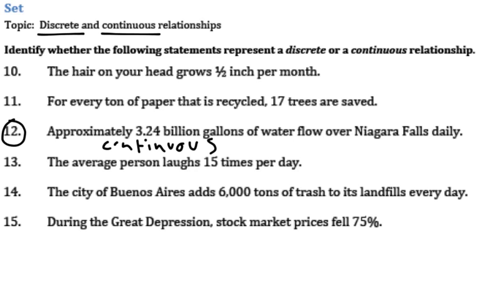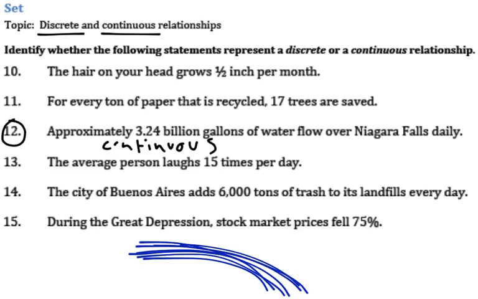Because if I'm thinking about water flowing over the Niagara Falls, okay, so if I measured it in a whole day, they say it's 3.24 billion gallons. But what if I measure half a day? Can I measure half a day? Yeah, it still makes sense because that water's constantly flowing.